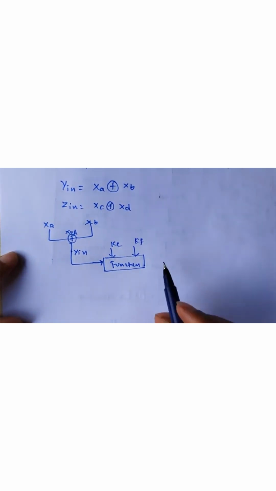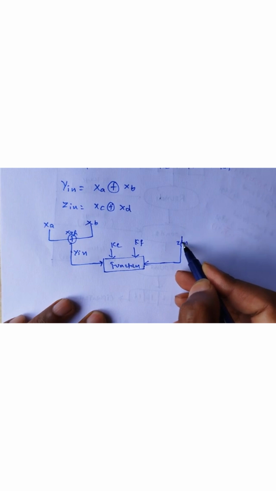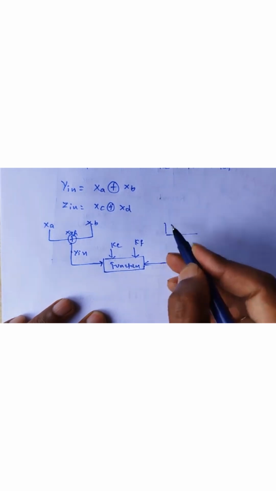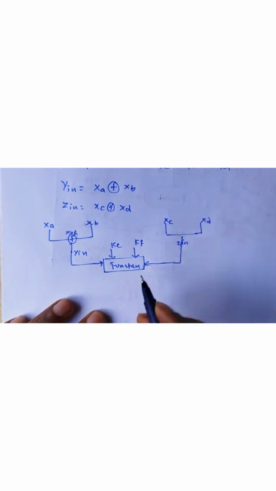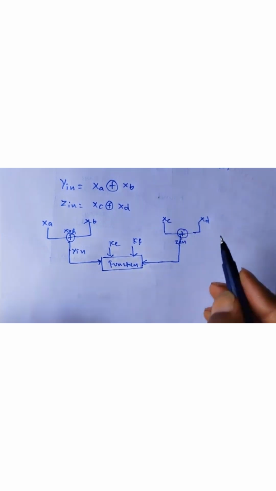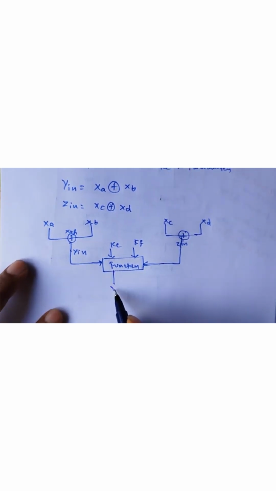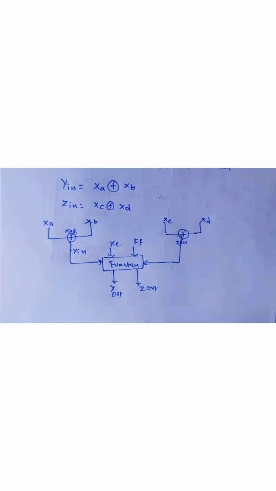And what about the right side part? On the right side we again have two inputs, so again here we are also performing Zin. The Zin is a combination of XC, XD. And for the result of these two, here also we are performing XOR operation. The result of these two will give Yout, Zout.